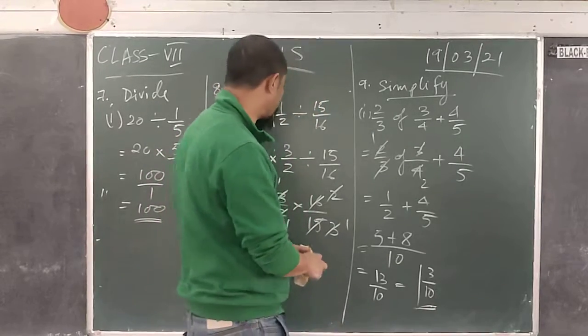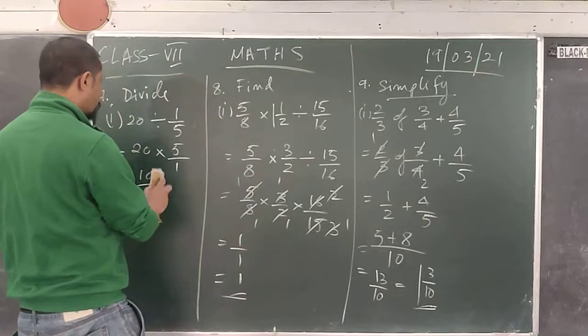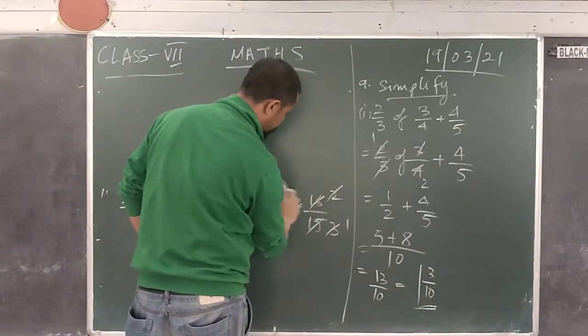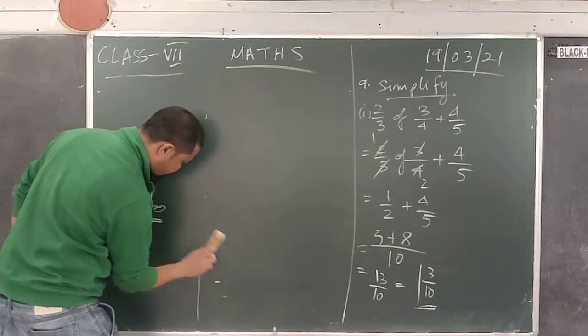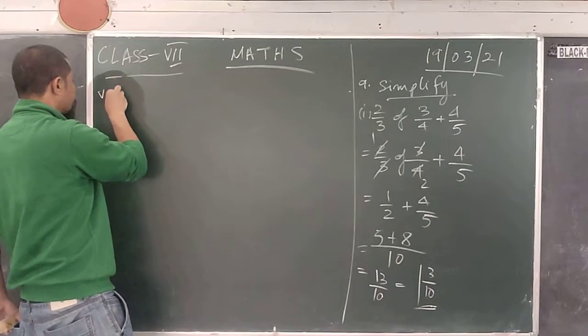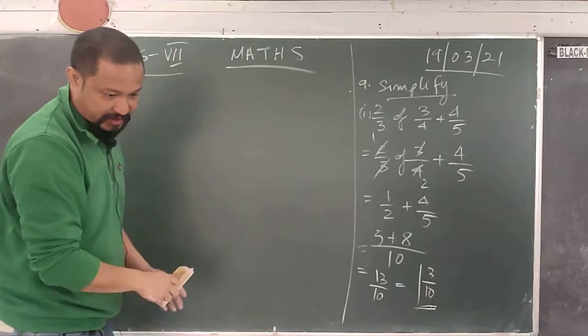I'll be doing number 7 for you. Okay, so I'm going to rub all this so that it doesn't confuse you. Number 7, and this is the last sum for this exercise.